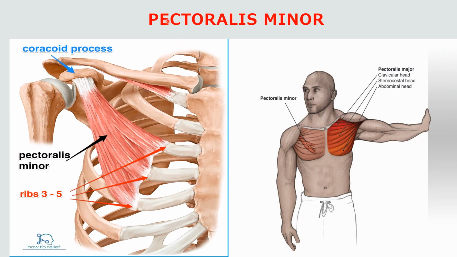Now let us discuss the pectoralis minor muscle. Pectoralis minor is a triangular muscle and lies beneath the pectoralis major. Once you reflect the pectoralis major, you see the pectoralis minor lying underneath.